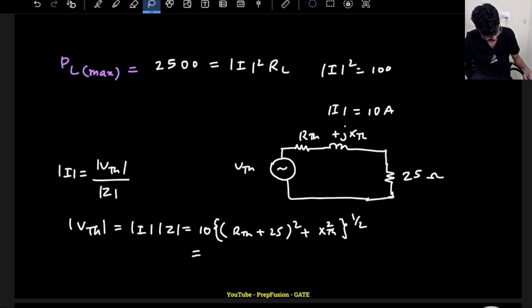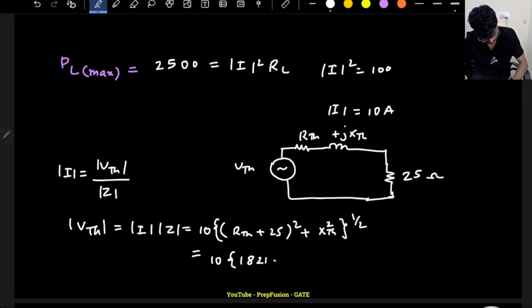So 25 by root 2 plus 25 whole square. So this is 10 times the square root of (18.21.38 plus 25 by root 2 whole square, 312.5).